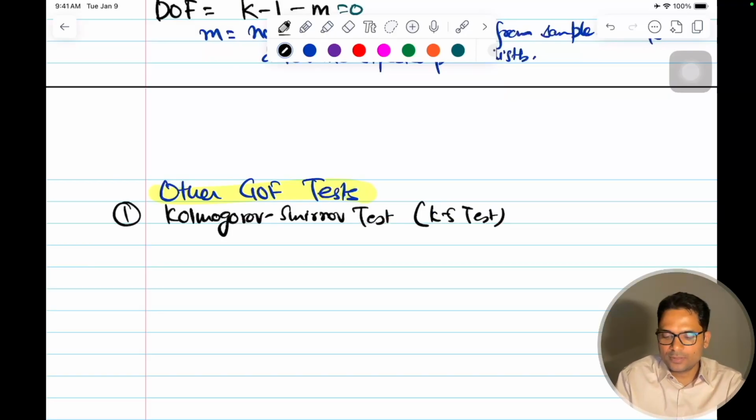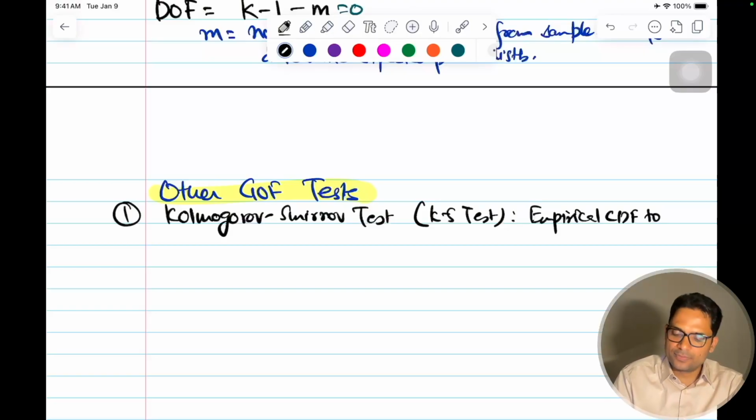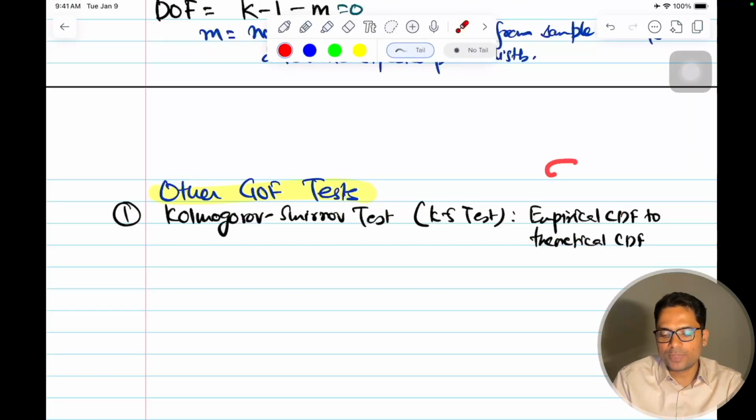What does it use? It uses your empirical CDF compared to the theoretical CDF. So basically it uses a CDF. CDF is your cumulative distribution function, the summation of the PDF.